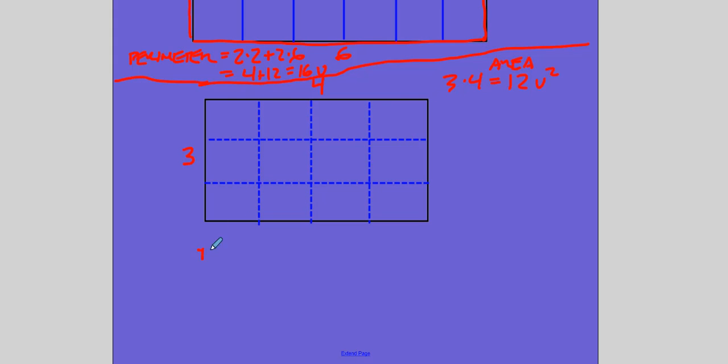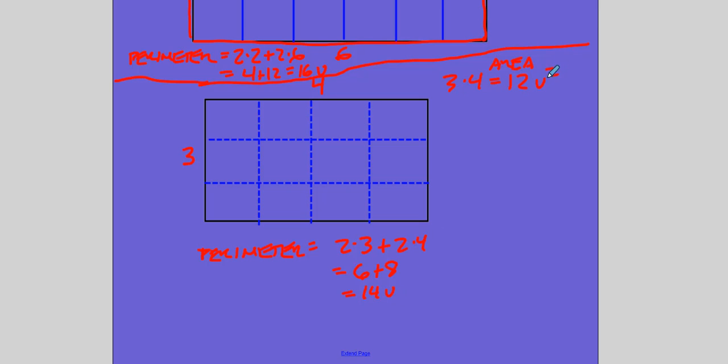So the perimeter is 2 sides that are 3 units plus 2 sides that are 4 units, which is 6 plus 8, which is 14 units. Again, perimeter is a length, so it is just units.